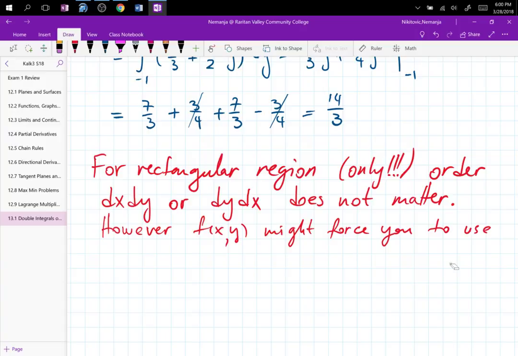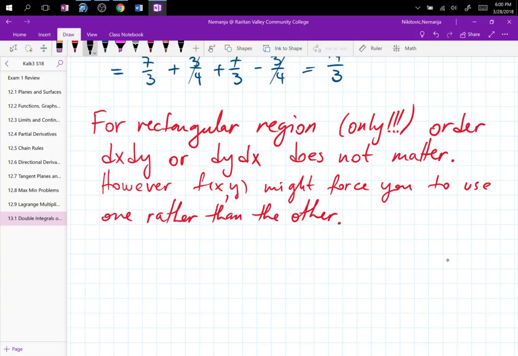Let's take a look at a problem like that. Something nice. Beautiful. 22. Look at that. Double integral over the region, and they give you x, y, sine x squared dA.